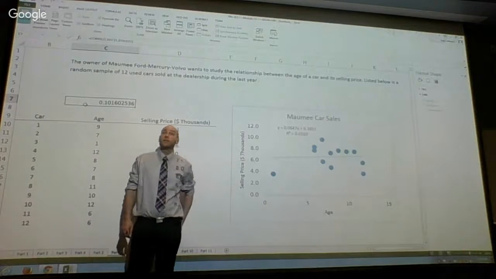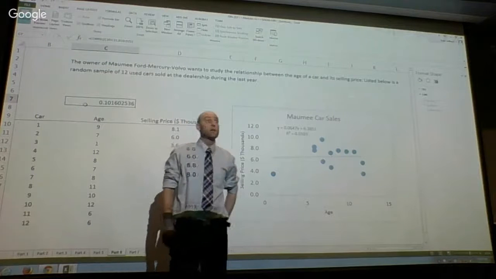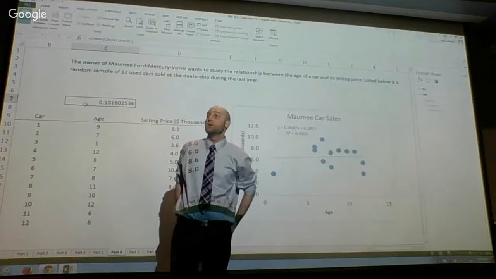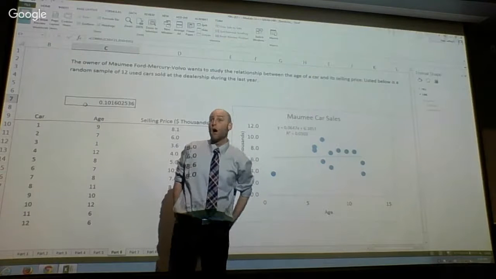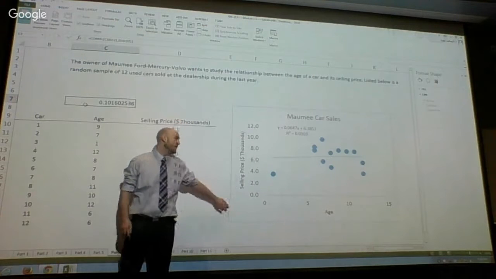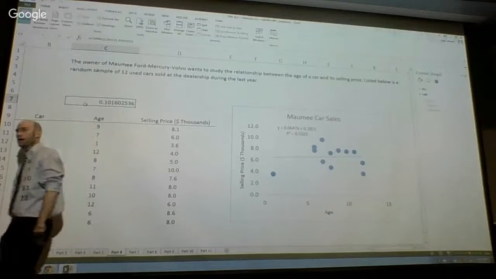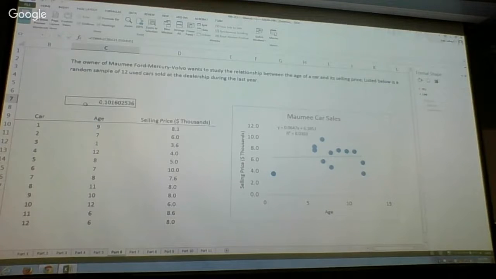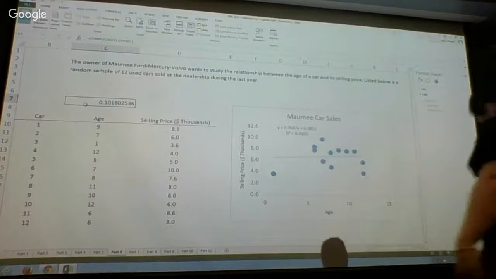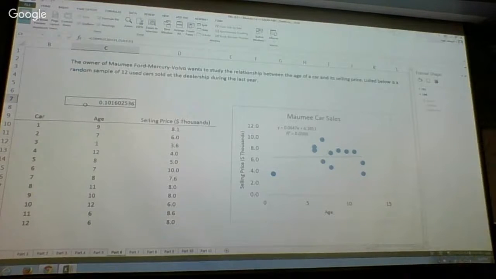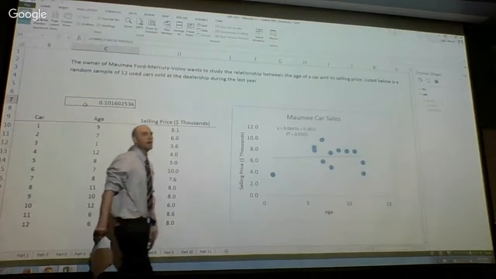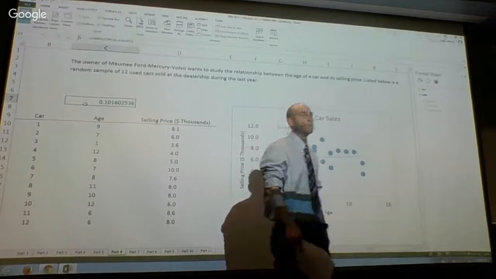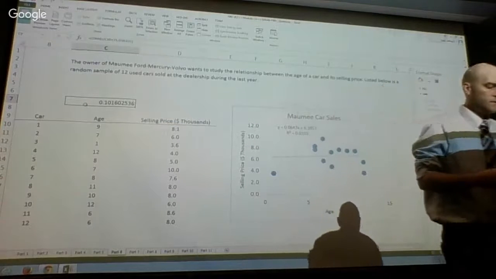There's lots of other things which explain the selling price and probably do so much better than the age of the car. The relationship between the age of the car and selling price, B, non-existent. Because when we calculate the correlation coefficient, the value is 0.1. The value of the correlation coefficient is 0.1. Not very large.